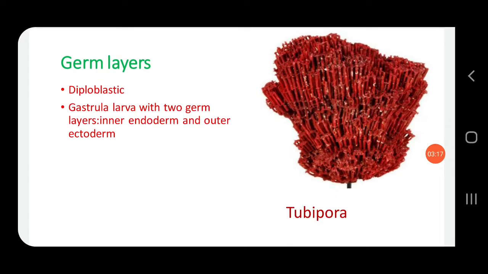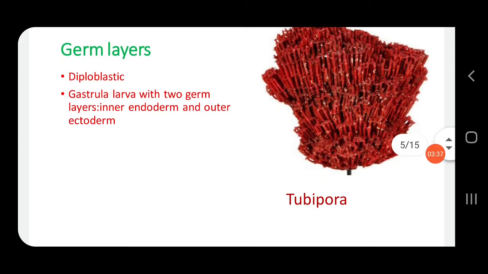If we talk of the germ layers, coelenterates are called diploblastic animals, meaning they contain two layers, ectoderm and endoderm. Their gastrula is also with two germ layers, inner endoderm and outer ectoderm.